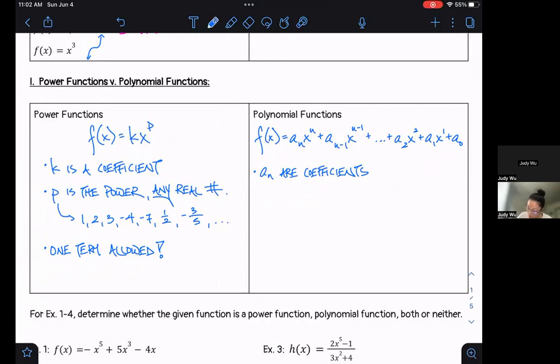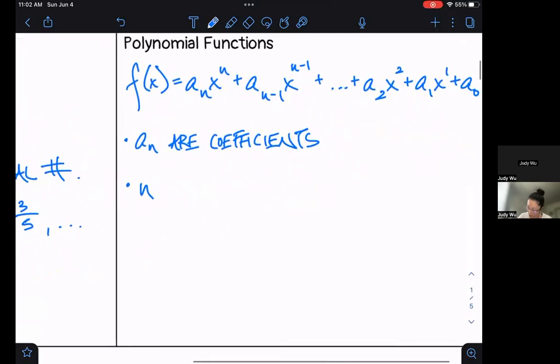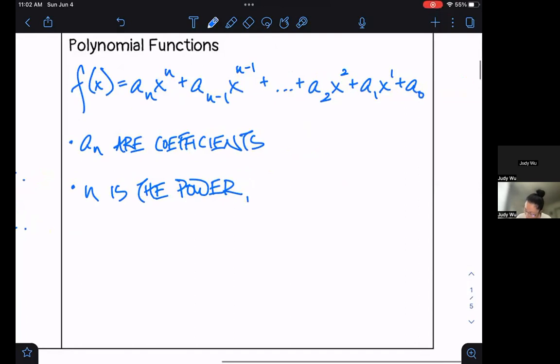And instead of p being the power, we actually have n is the power, okay? N is the power, but we have some restrictions on what n can be, all right? It can only be non-negative integers.